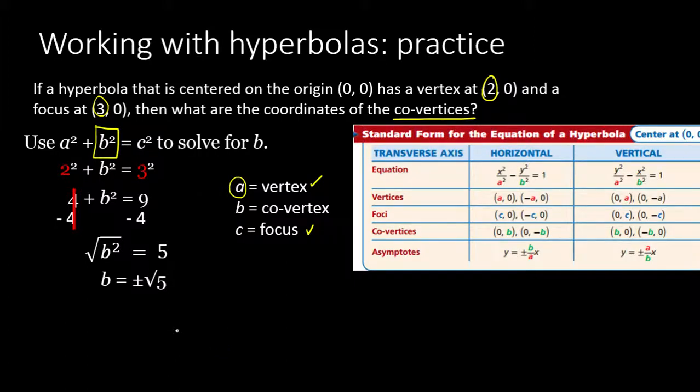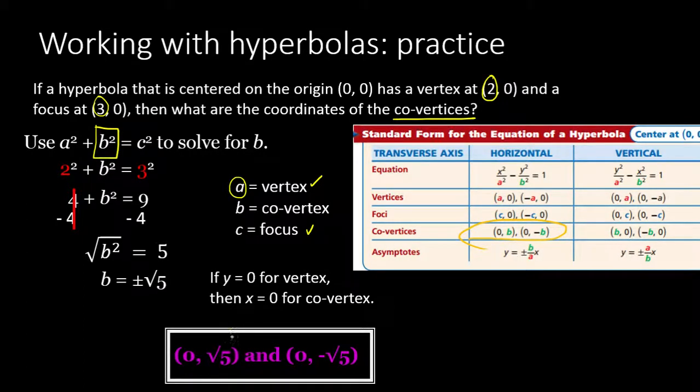So now I want to know the coordinates of my co-vertices. I see that co-vertices are (0, b) and (0, negative b). I've got root 5 and negative root 5, and these are the coordinates for my co-vertices.